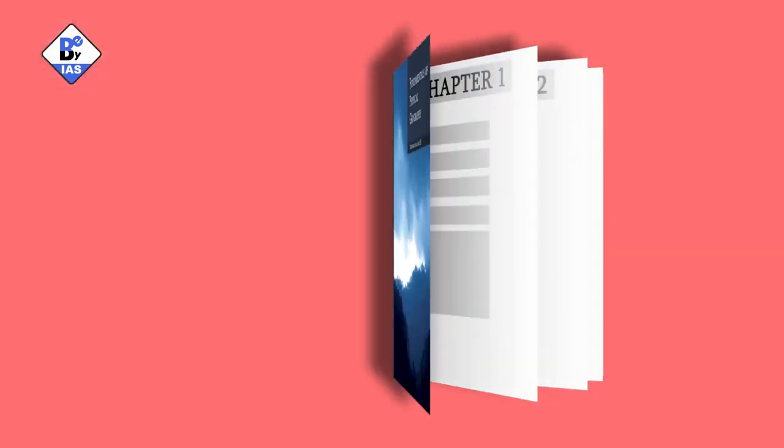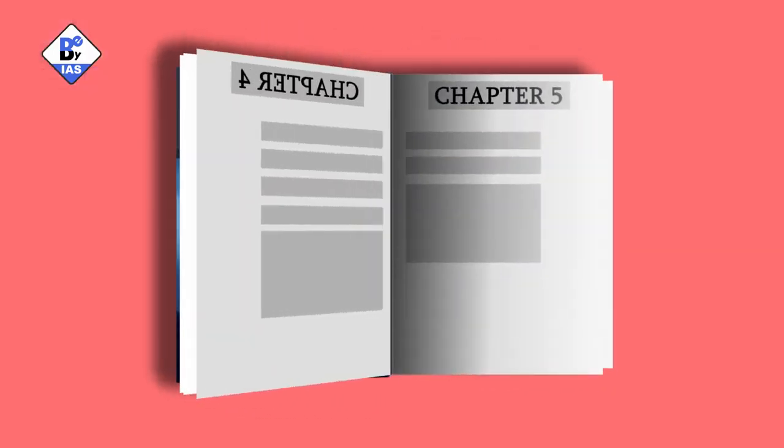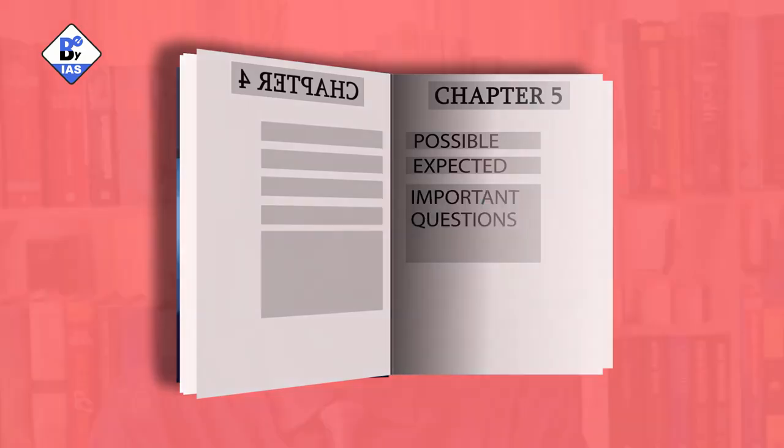So let us start with the first book of Class 11 NCERT, Fundamentals of Physical Geography. In this, we will go chapter-wise and see what the possible expected or important questions are, so that we don't miss out anything.